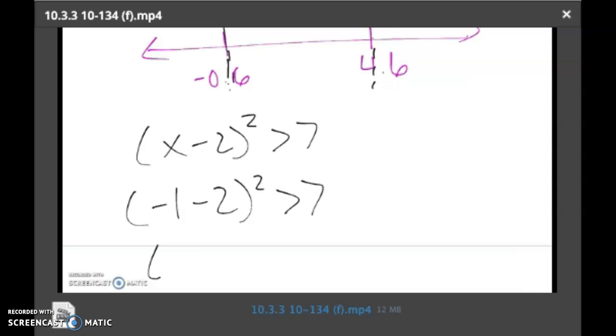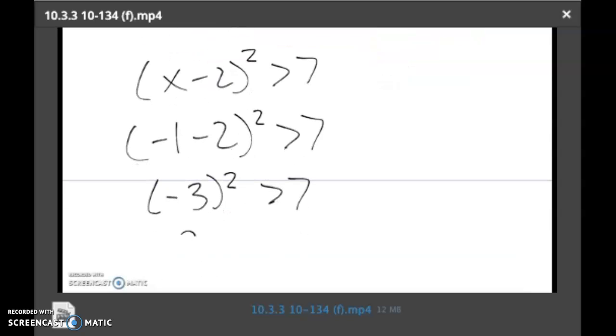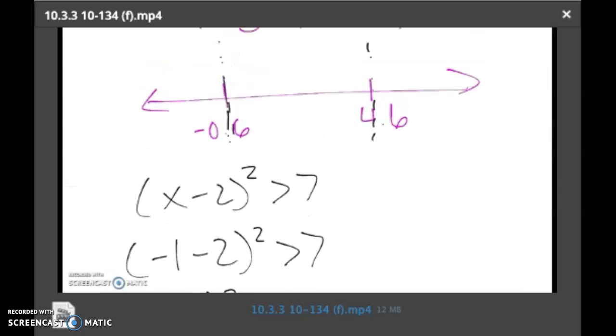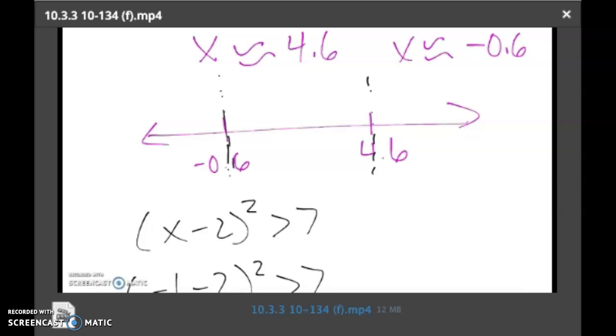So I end up getting negative 3 squared greater than 7. Negative 3 squared is 9. 9 is greater than 7. That is true. So that means that any solutions in this area are going to make that inequality true. So that is going to be one piece of my solution.